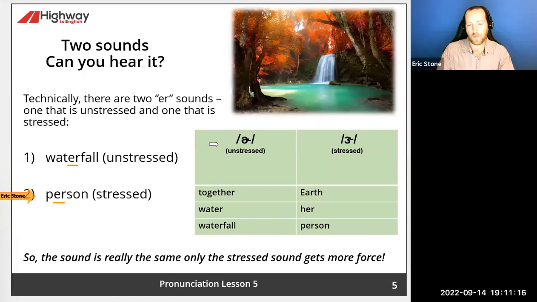Here are some more examples of the unstressed and stressed sounds. So please repeat after me. Unstressed. Ready? Together. Water. Waterfall. Okay? And then the stressed sound is more like this. Earth. Her. Person. Try those words.